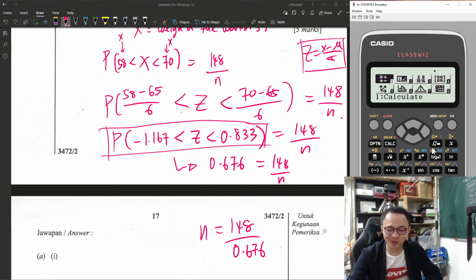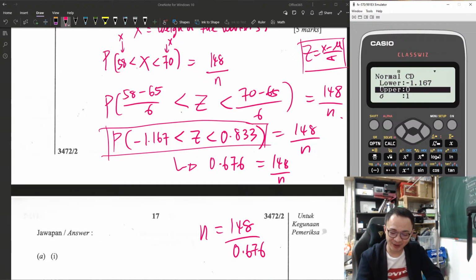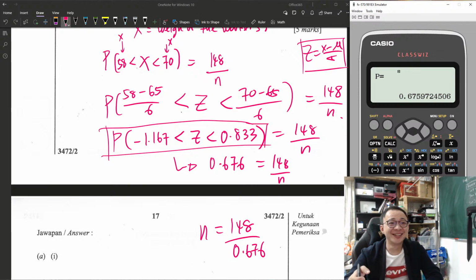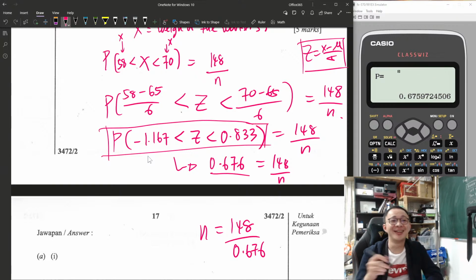I just go to number 7, normal CD, insert my lowest as negative 1.167 and upper as 0.833, standard deviation 1 and mean 0. I type enter and straight away get the answer. But this is too fast, because there's no way you go straight to 0.676, so the examiner would definitely know you are using a calculator.